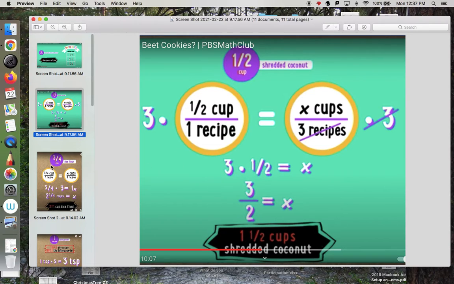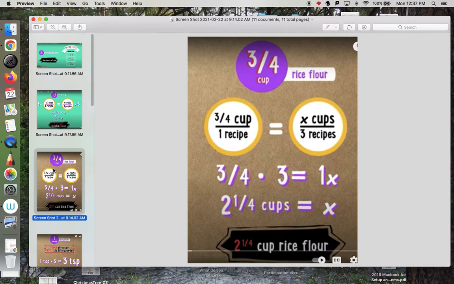The next screenshot was 3/4 of a cup of flour for one recipe, which needed to be multiplied by 3. So 3 times 3/4 is 9/4, and they simplified that to 2 1/4 cups of flour for 3 recipes.